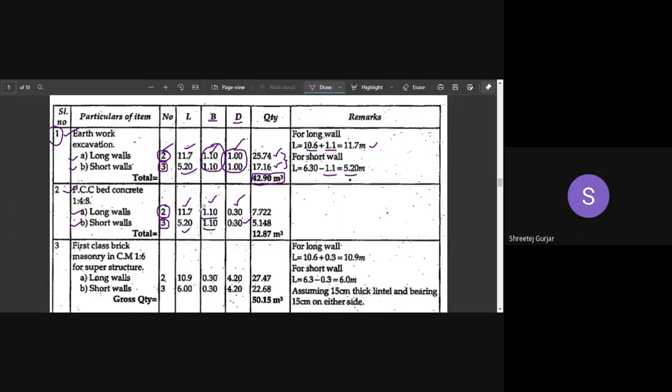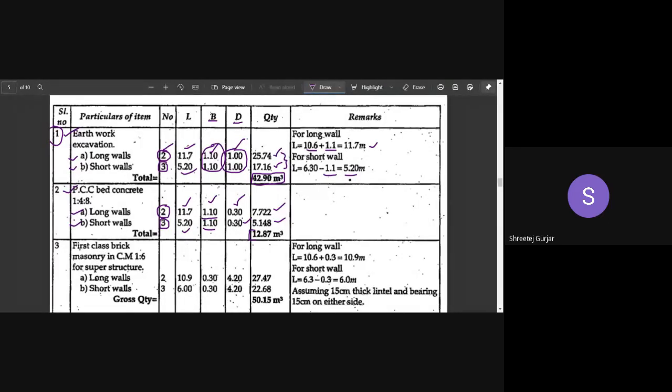Multiplying your number by length, width and height, we get the quantity in meter cube: 7.72 for your long wall and 5.148 for your short wall. Adding both of these, we get the total quantity of PCC bed concrete, that is 12.787 meter cube. So the PCC bed concrete calculation is very easy. I hope you have copied it down.